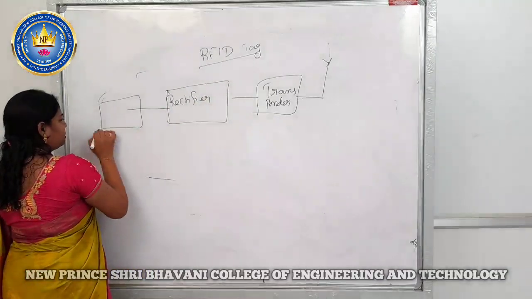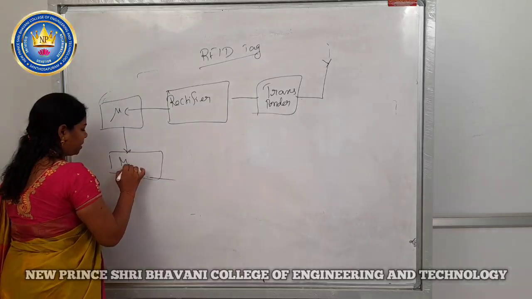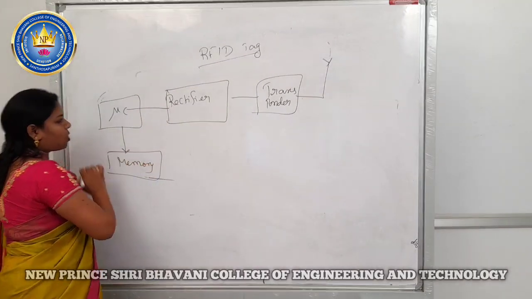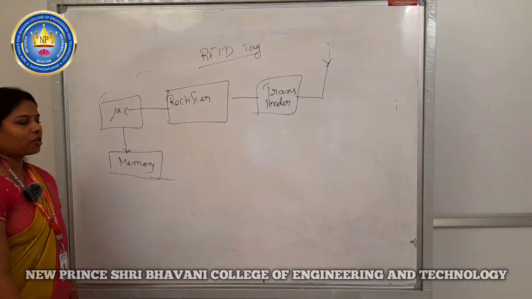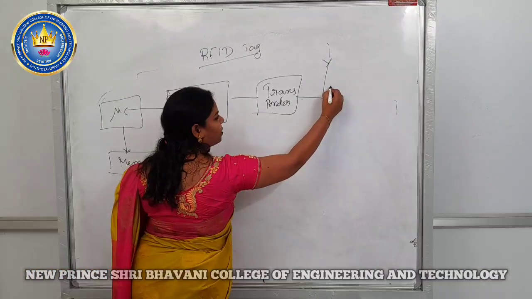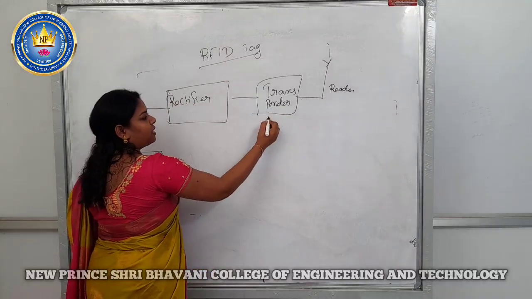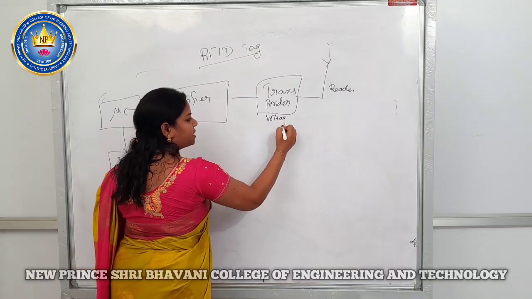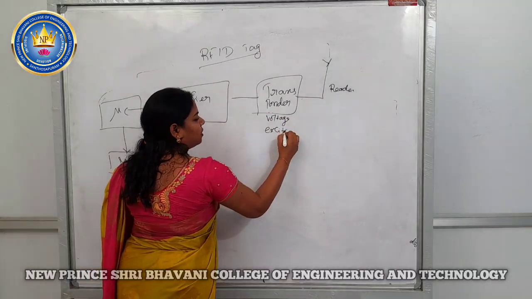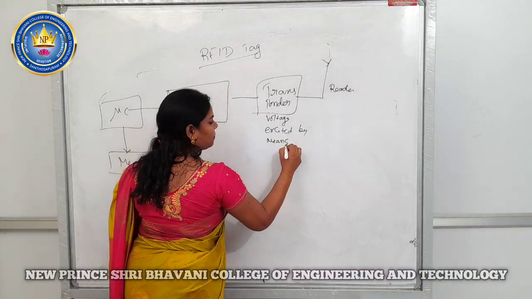The rectifier is connected to the microcontroller, which in turn is connected with the memory. So these are the blocks that make up the RFID tag. The transponder receives the signal transmitted from the reader, where the voltage will be excited by means of a coupling mechanism.